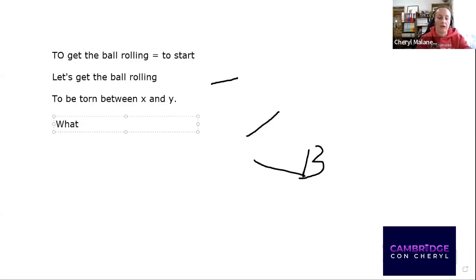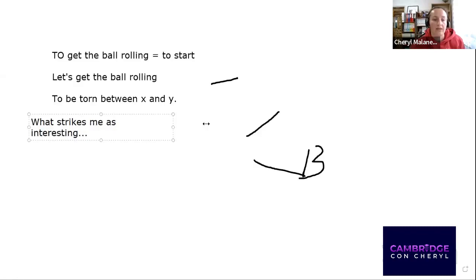Okay, it is what strikes me as plus adjective. What strikes me as interesting, what strikes me as unusual, what strikes me as, I don't know, what strikes me as disappointing, what strikes me as plus adjective. Okay.